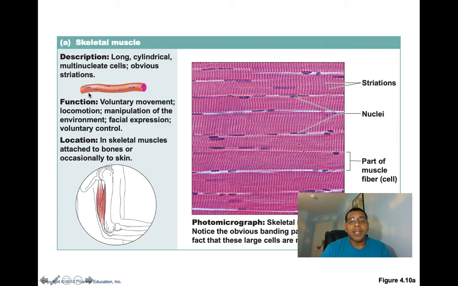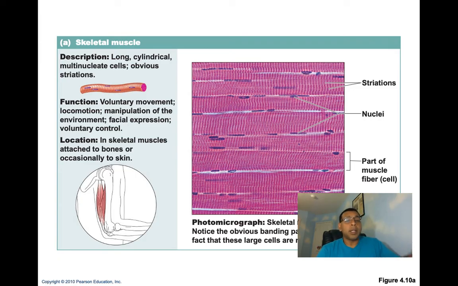And these cells have these obvious striations we can see here. So that's us pulling one of these cells out and looking at it. And that's what we see here.